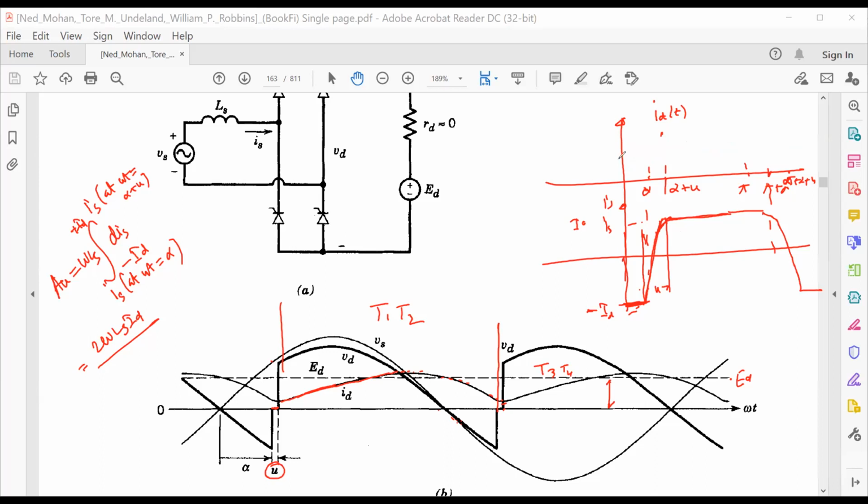Suppose now the current, instead of constant, will have that wave shape like this. Here. And then it builds up.